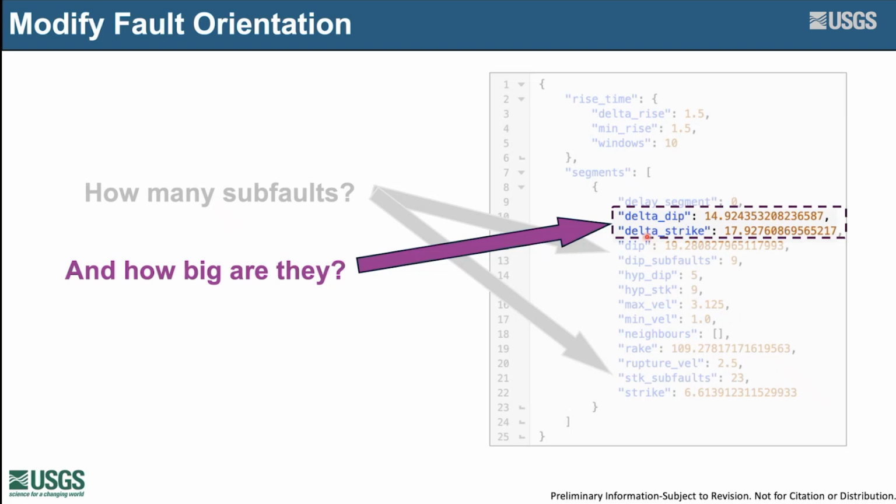Those dimensions in the dip and strike direction are denoted here as delta dip and delta strike. And in this case, it's come up with some pretty long, wonky numbers to get to that target 207 subfaults. So these subfaults are about 18 kilometers by strike and 15 kilometers by dip.